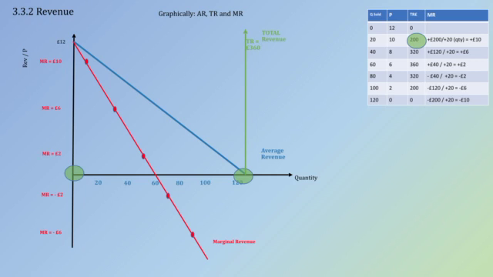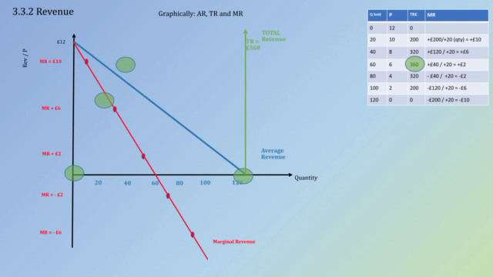So if we sold 20, here's 20, our total revenue is going to be 200. And so we put a dot there, which is 200. Then if we sold 40, the total revenue is going to be 320.